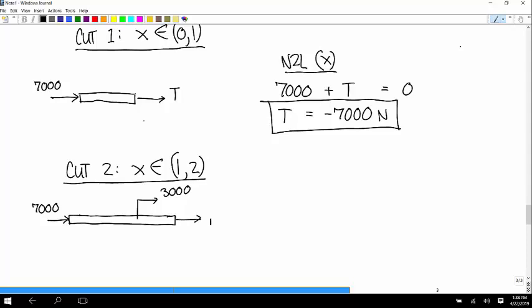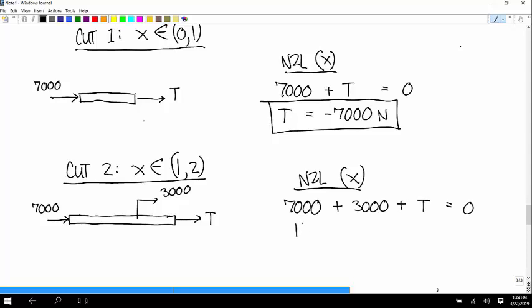And we have the internal tension. And the X component of the second law says positive 7,000 plus 3,000 plus T is equal to 0. So T is equal to negative 10,000.